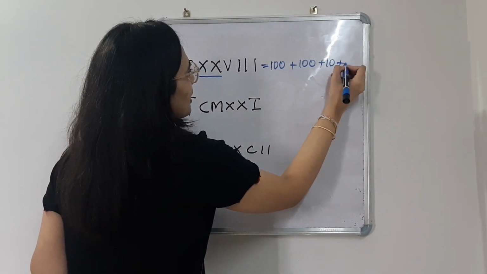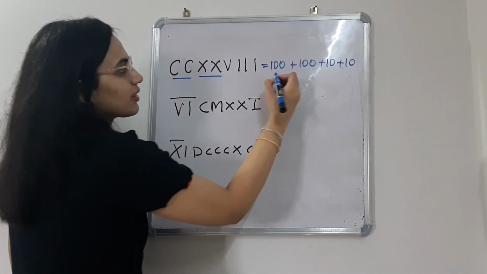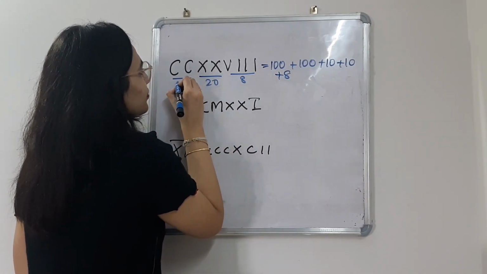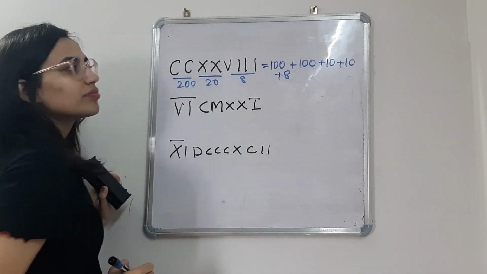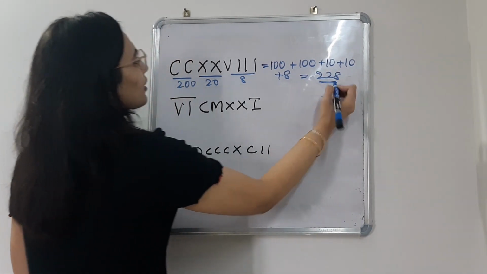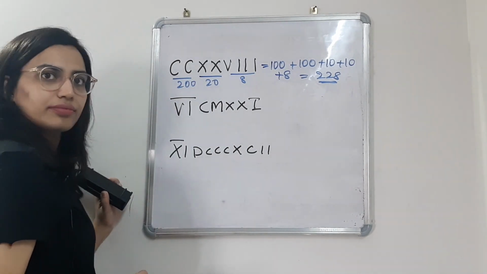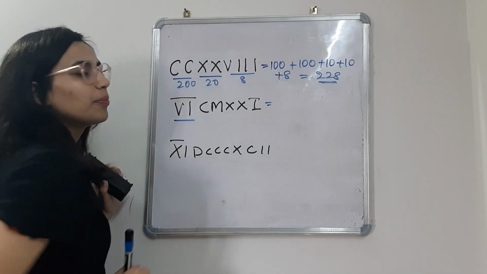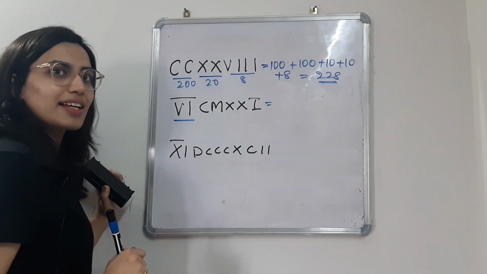Can we write this as 10 plus 10 because this is XX? And this is 8. So this is nothing but 228.